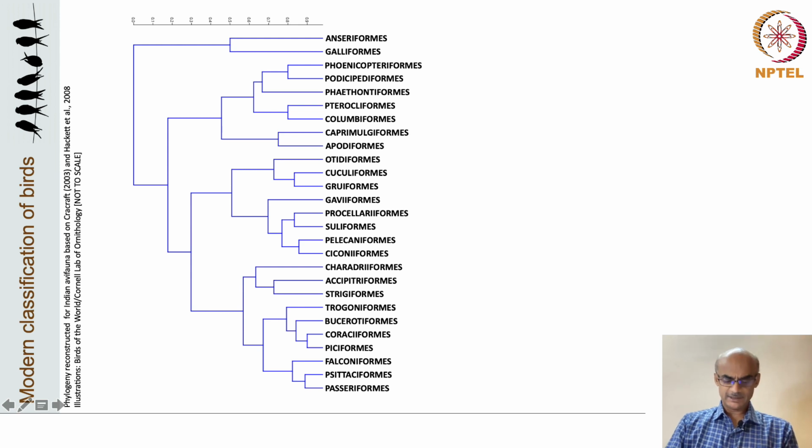So what you see here is the dendrogram of avian orders reconstructed based on their putative evolutionary relationships, as sourced from a couple of recent publications, mainly one from Joel Cracraft 2003 in Howard and Moore's 4th edition, and another recent one from Hackett et al. 2008 in Science. So these two sources give a good overview of the modern classification of the orders.